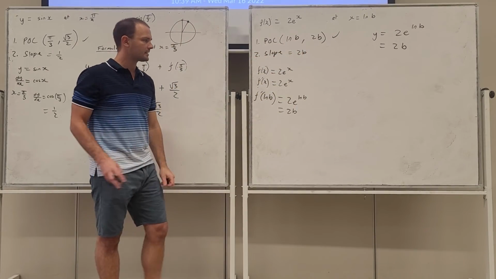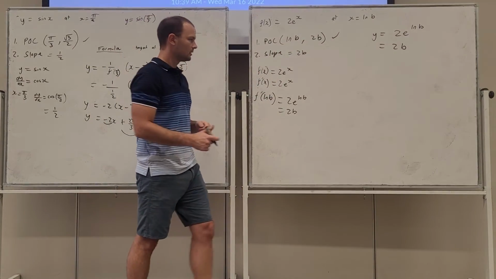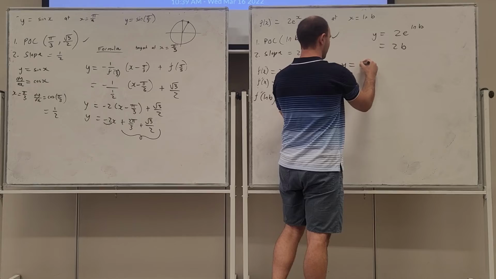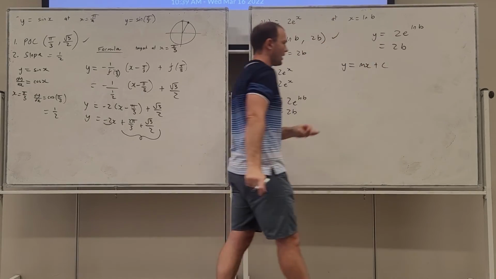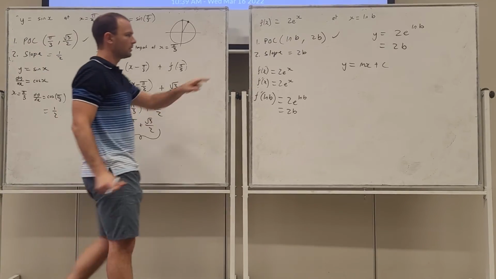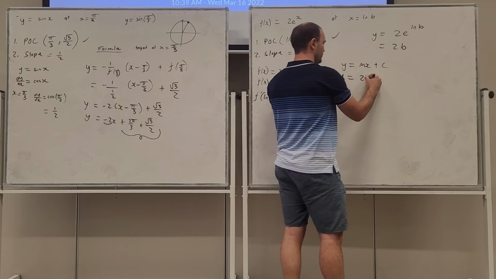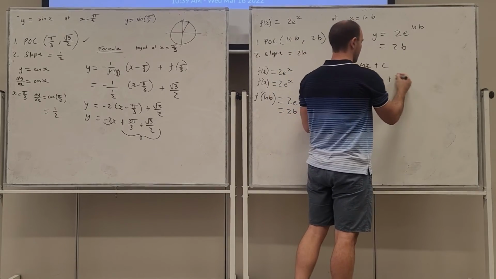Let's find the equation of the line with these properties. Let's use the first process, my favourite. Y equals mx plus c. We have a slope of 2b, so that means we're going to have y equals 2b times x plus c.